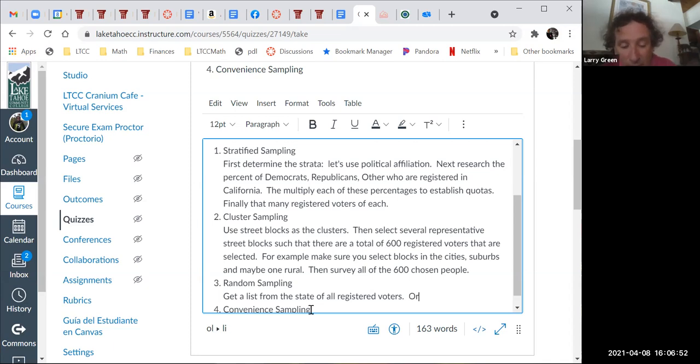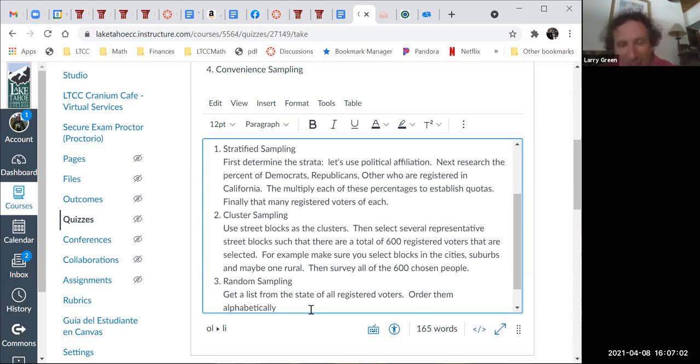Order them. And probably the easiest would be alphabetically. Again, it doesn't matter how you order them, but alphabetical with computers, that's easy. You just go to Excel and hit alphabetical. And have the computer select 600 of these voters.